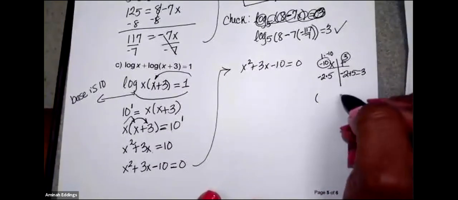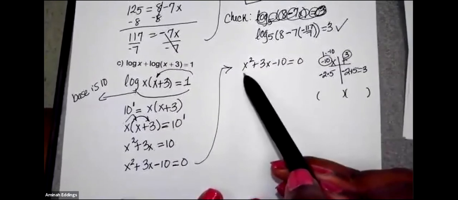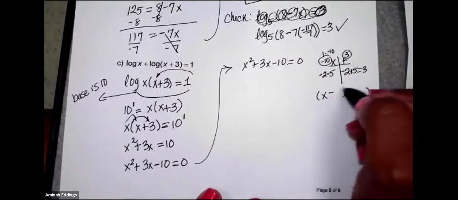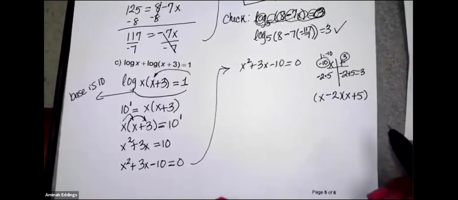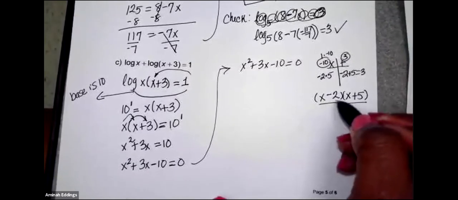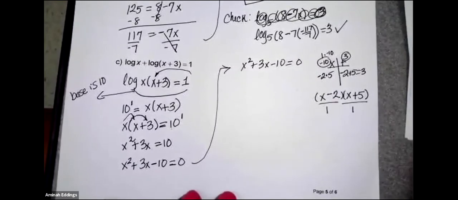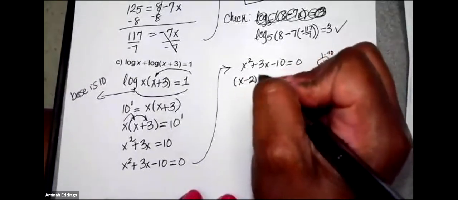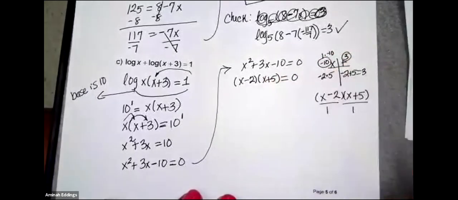So then I make my 2 parentheses. The first term of each is going to be x. And so I get x minus 2 and x plus 5. And then lastly, divide both sides by the GCF. In this case, it's going to be 1. So my factored form is x minus 2 times x plus 5 equals 0.